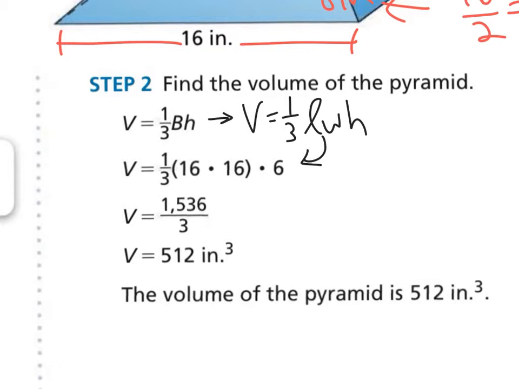And then I can substitute in length is 16, width is 16, height is 6. And then if you multiply straight across, 1,536 over 3, divide it out, you get 512 cubic inches. So very similar to what we did earlier, just a little twist that we had to figure out the height first by using the Pythagorean theorem.